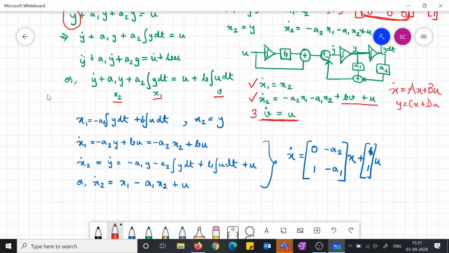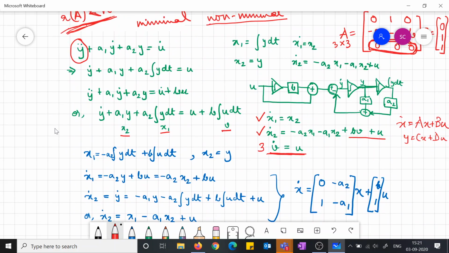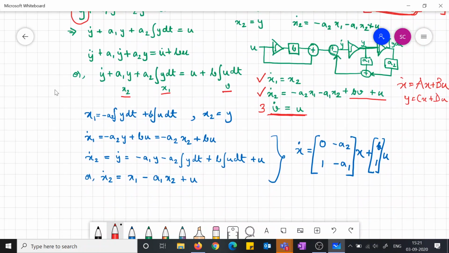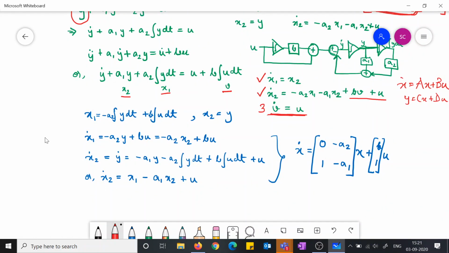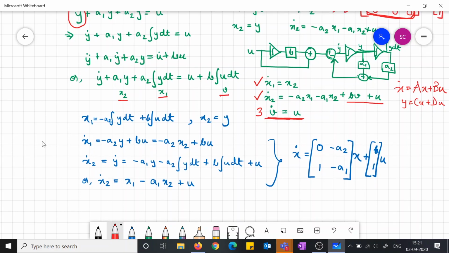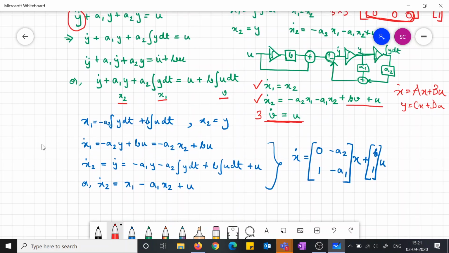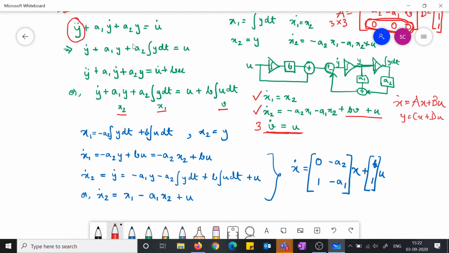In these blue annotations, I have chosen the states in a different manner, and it led me to a second order SPR from this same dynamic equation which had u dot as well. But as you will see, this is not very straightforward. It requires looking into the dynamics and understanding what to do in order to get a second order SPR.